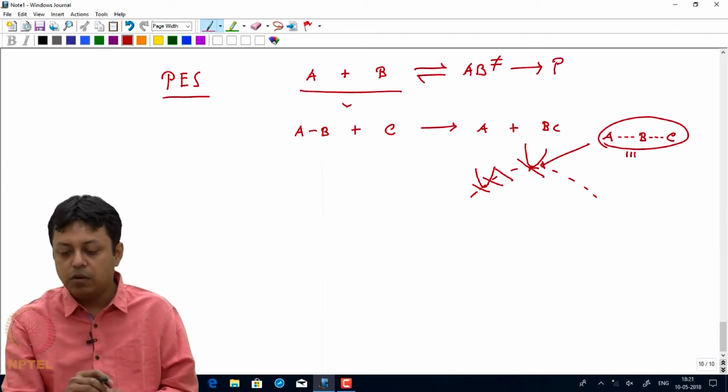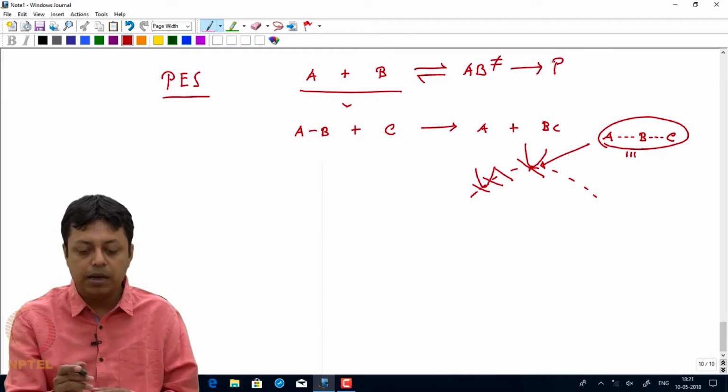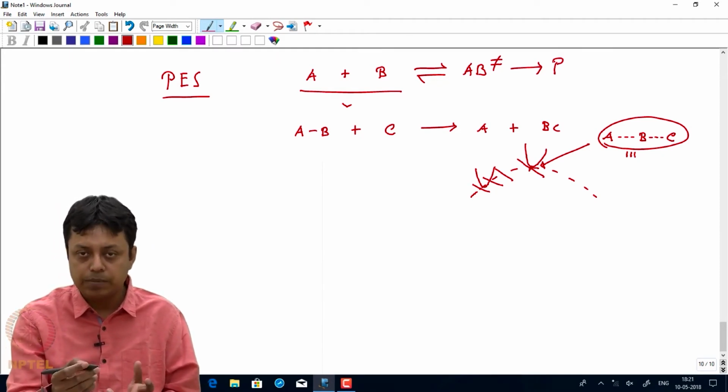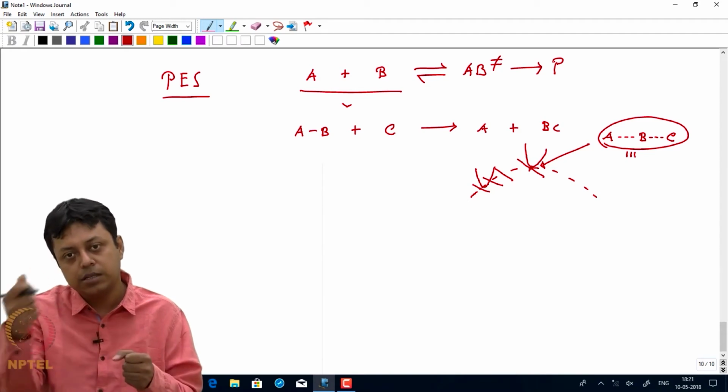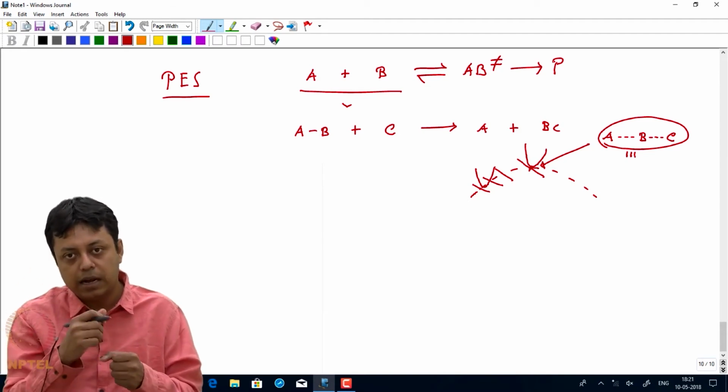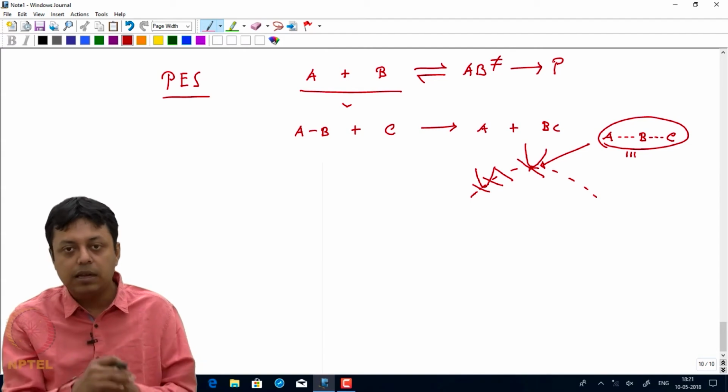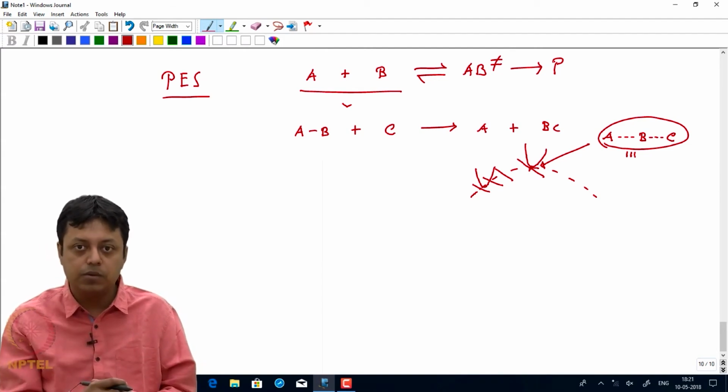And then you say that if it is in equilibrium, I can directly use the equilibrium approximation, and the rate of product formation can be directly connected to the vibration of the activated complex, and the rest of the thing can be equated to an equilibrium constant which can be connected to the partition functions.